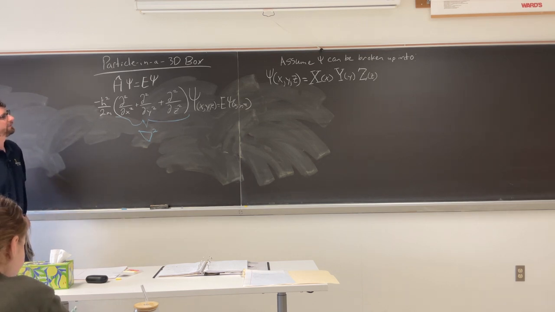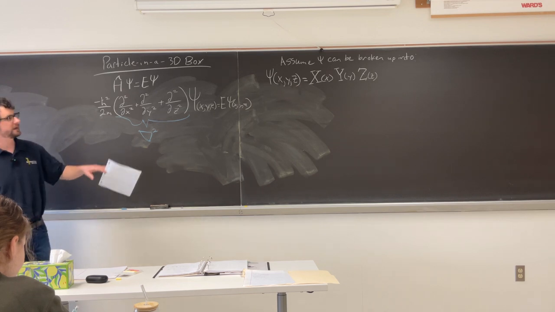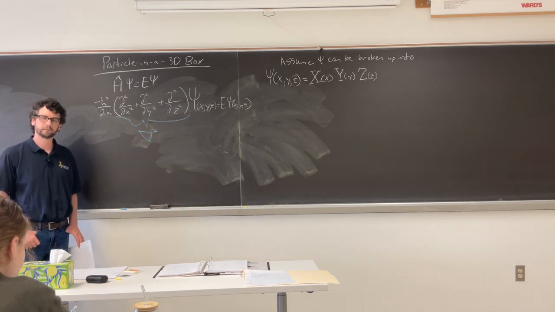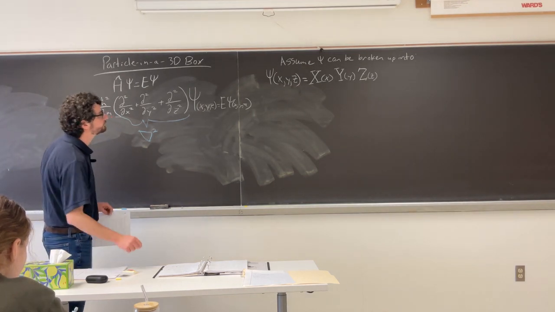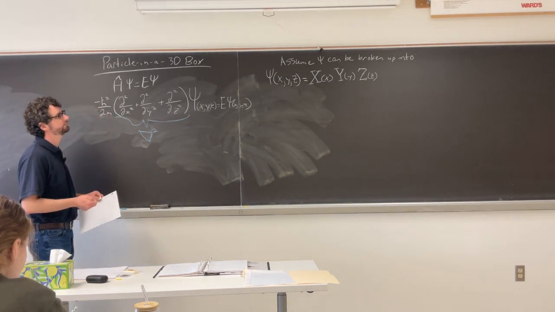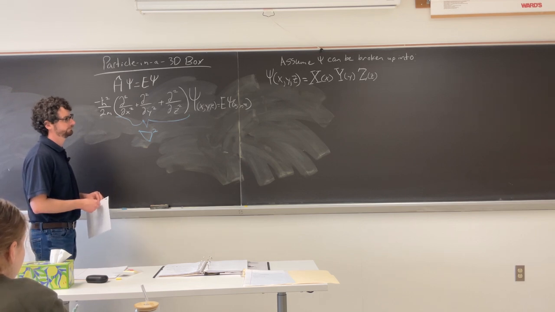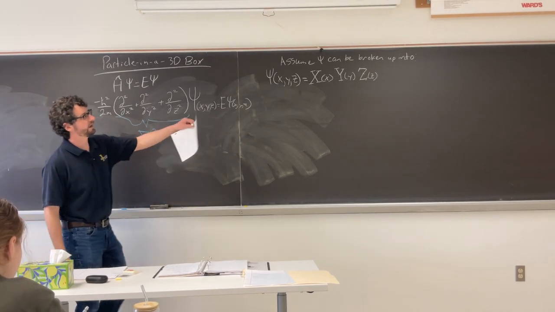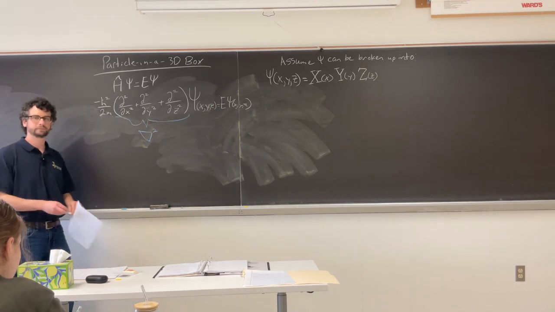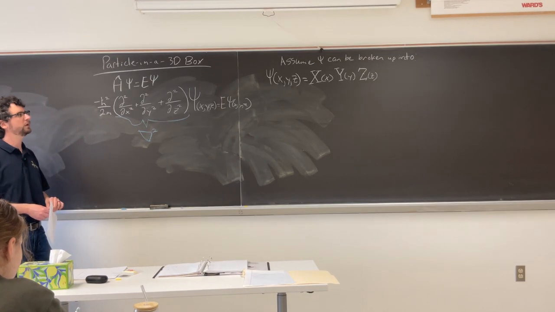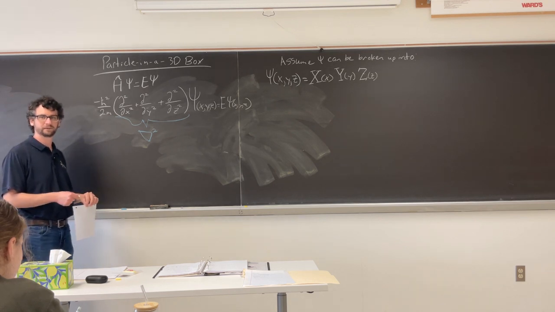Okay. So now we make that assumption. What should we do next? Yeah, we got to find x, y, and z. How are we going to find that? Or what equation does our wave function have to obey?